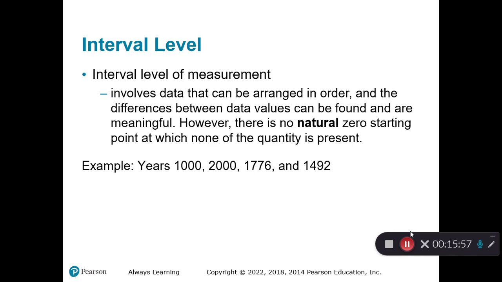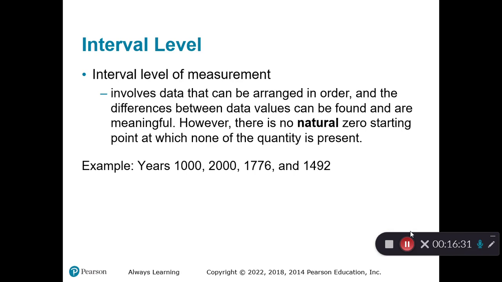That was actually a starting point based on historical events that was agreed on. There are other examples, for example, temperature. So if we're measuring temperature, yes, 0 degrees Fahrenheit seems to be a 0 starting point, but that's not where temperature begins. We can have temperatures that are in the negative degrees Fahrenheit, and so that's not the starting point.